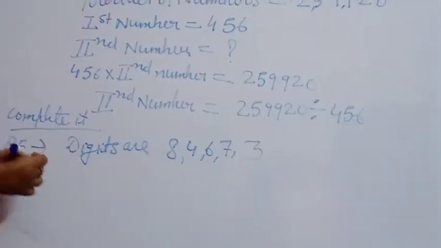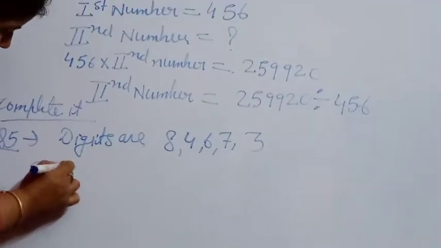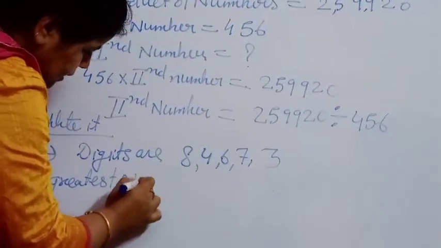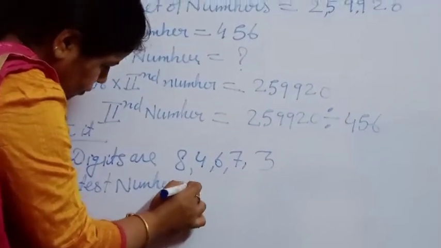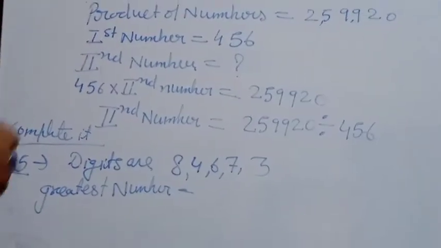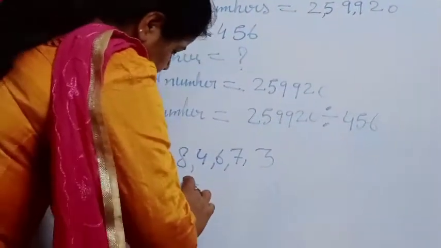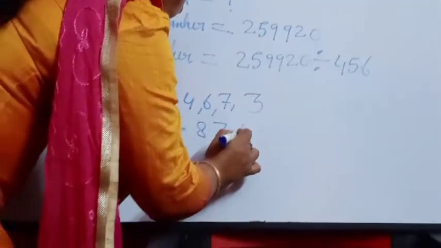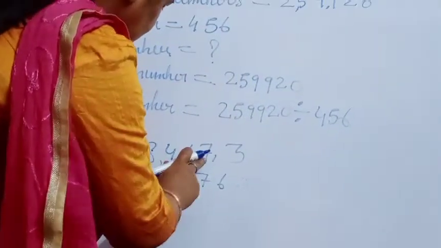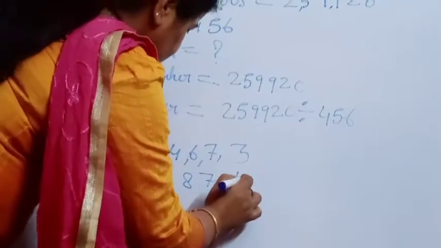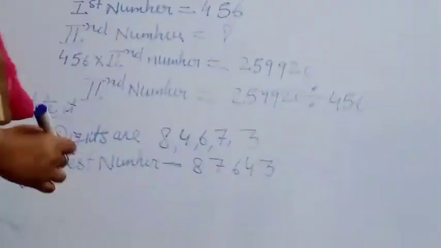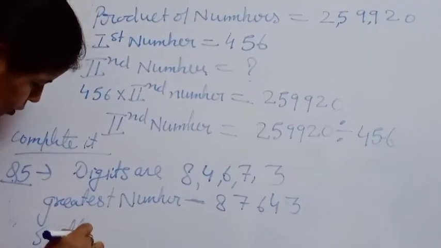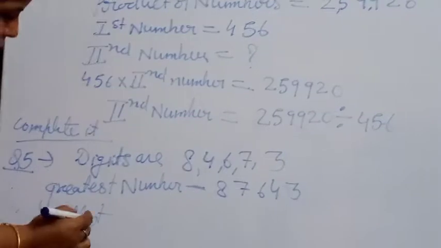Okay, then what you will do? Write greatest number. Greatest number, what I told you, what you will do? Arrange the numbers in descending order. Okay, descending order means first write the greater one, 8, then 7, 6, 8 7 6, then 4, and then 3. Okay, and now write smallest. For smallest, what you will do? You will arrange the digits in ascending order.